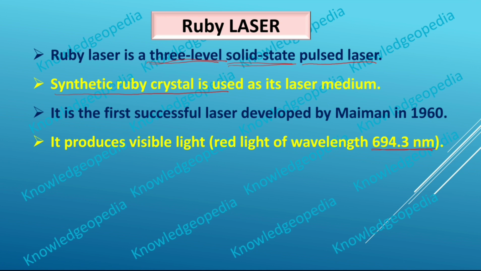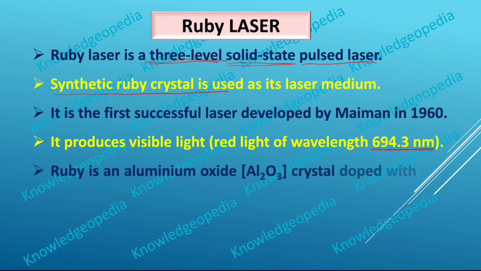Here I have mentioned that synthetic ruby crystal is used as the active medium or laser medium. What is this ruby crystal? This is nothing but aluminum oxide crystal which is doped with 0.05 to 0.5% of chromium atoms. And because of this doping, the color of ruby crystal varies from pink to red.